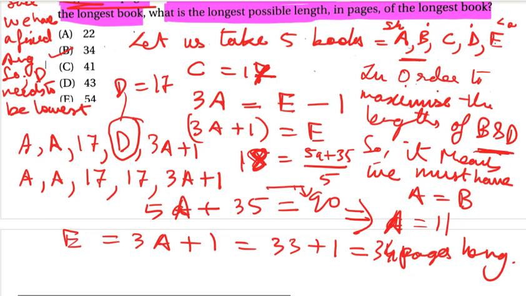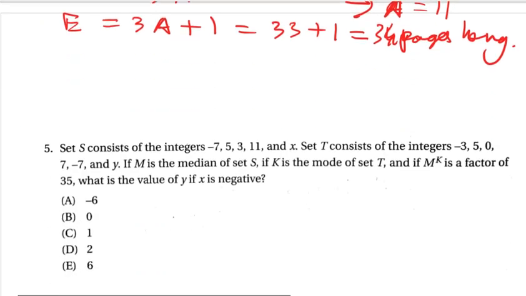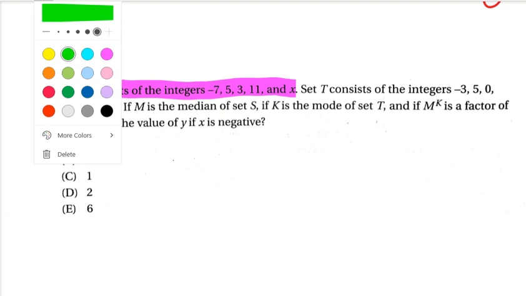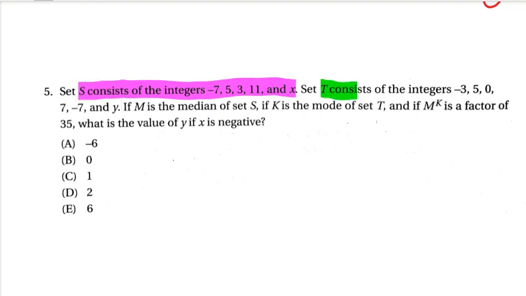Now we move on to our next question. I want you to concentrate on this question. Okay, it's not easy. It says that S is a set that consists of integers, right until x. T is a set that consists of integers.